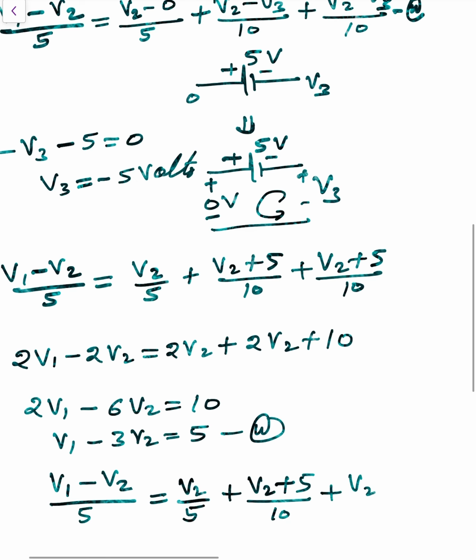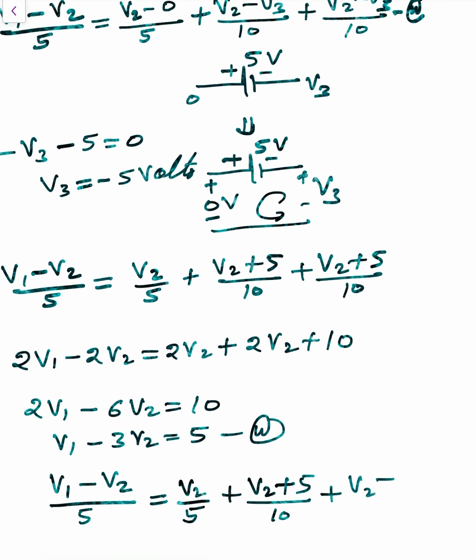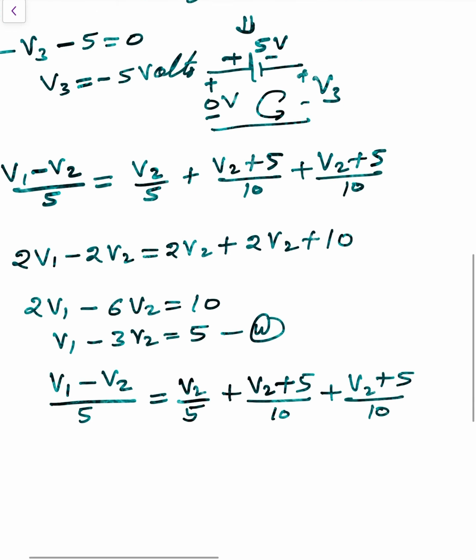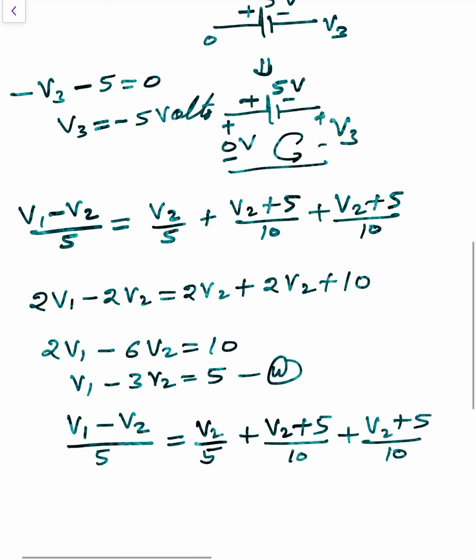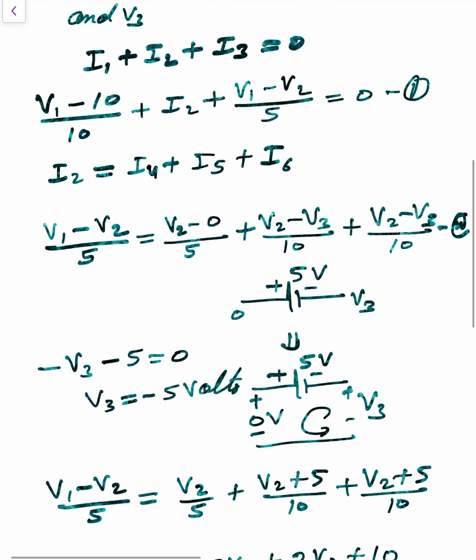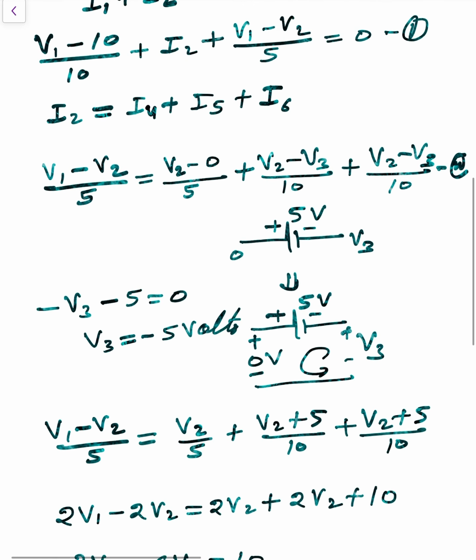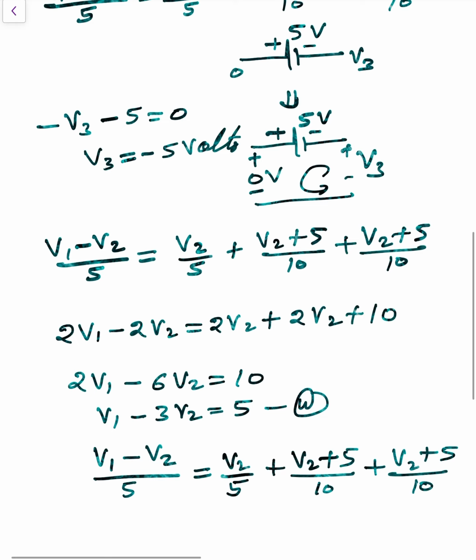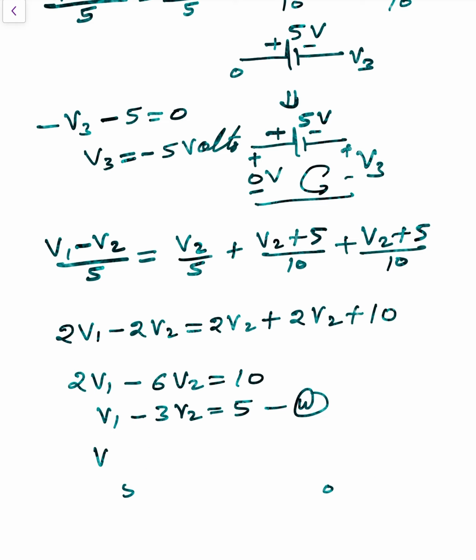V2 plus 5 divided by 10. Okay. Now multiply both sides, oh, equation number 1 is different.